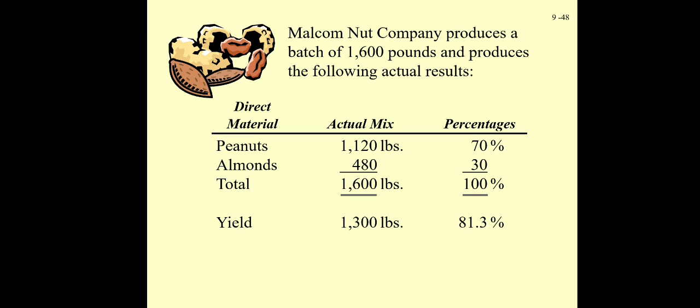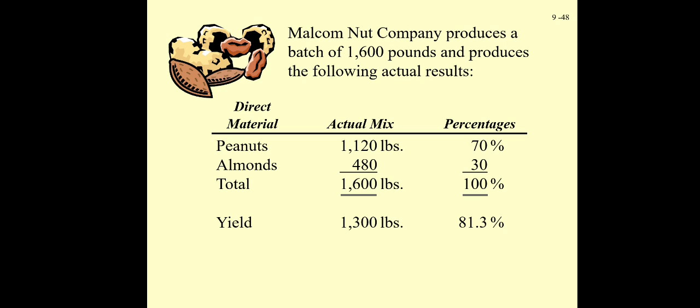Direct materials are peanuts and almonds. The actual mix is 1,120 pounds for peanuts and 480 pounds for almonds. So the percentages are 70% and 30%.